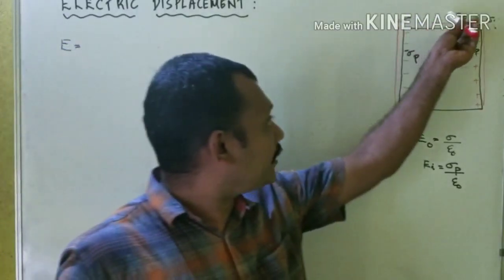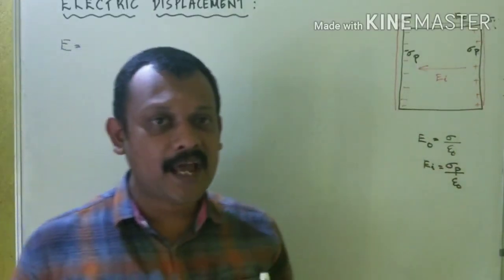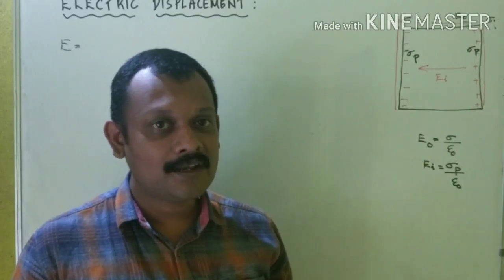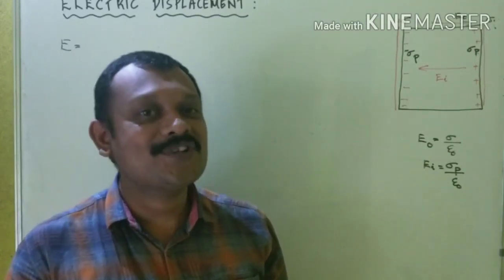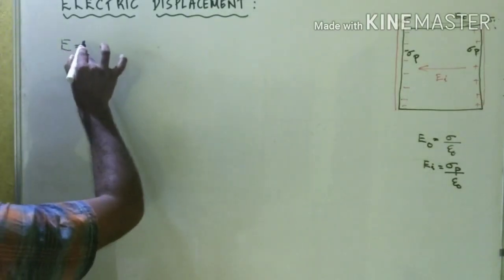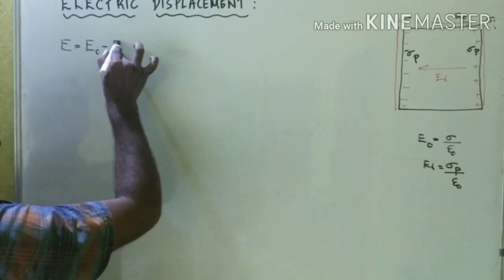Using the ideas of vectors, this is E0, this is EI. Are they in the same direction or in the opposite direction? They are in the opposite direction, which means the net electric field has a magnitude E0 minus EI.